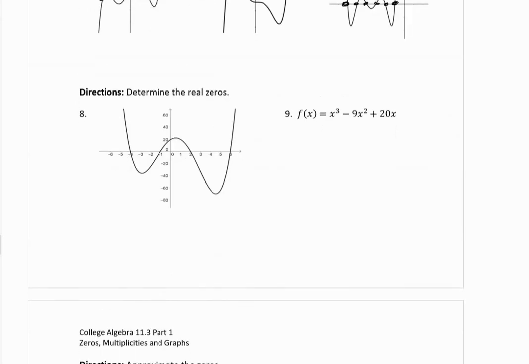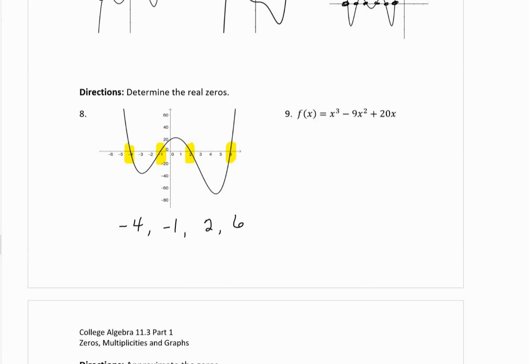Okay, problem 8. I'm asked to determine the real zeros. Well, I have a real zero right here, here, here, and here. It's kind of hard to see those numbers, but they're at -4, -1, 2, and 6.